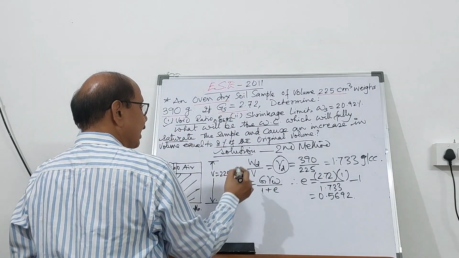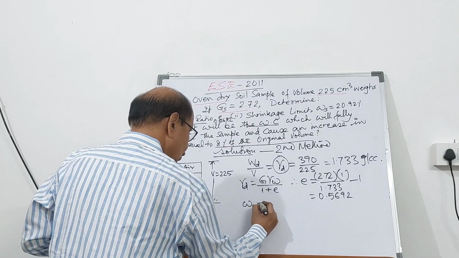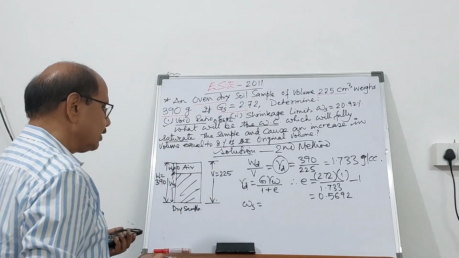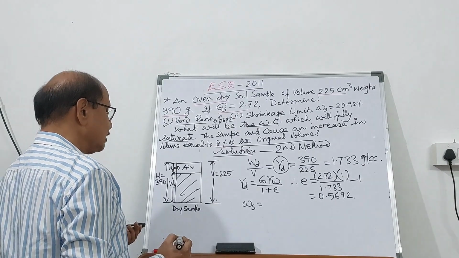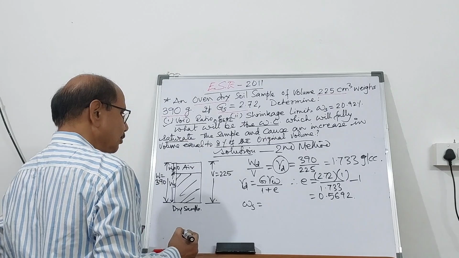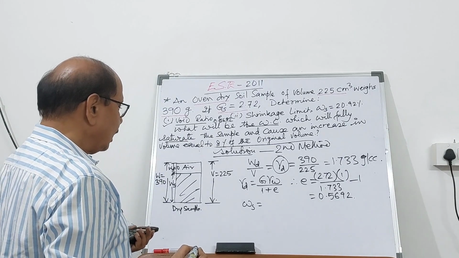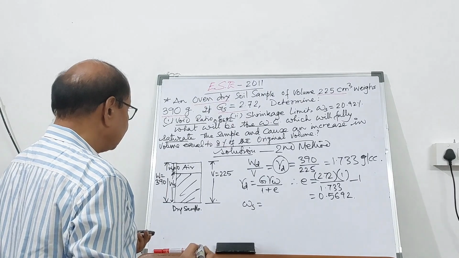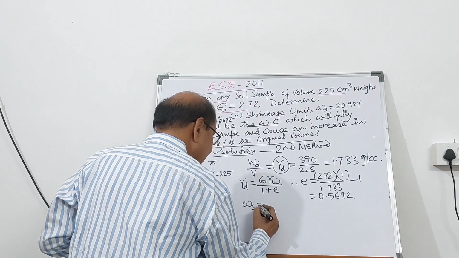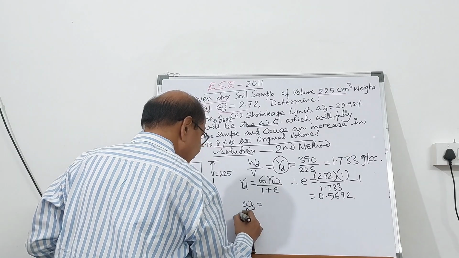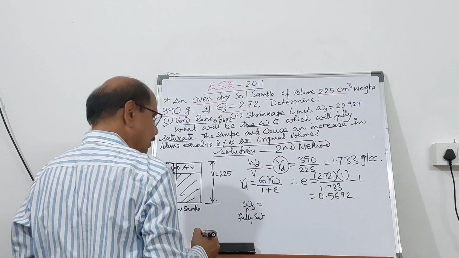This we have already calculated. Now, if you want to calculate the shrinkage limit, how will you calculate it? As you have seen, it is the weight of water. At shrinkage limit, the sample is fully saturated or just saturated.